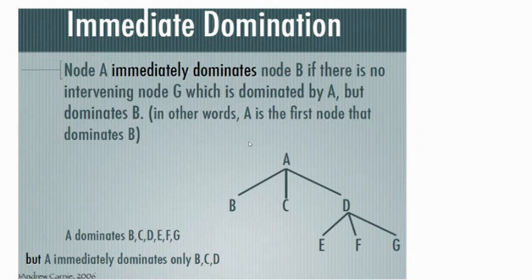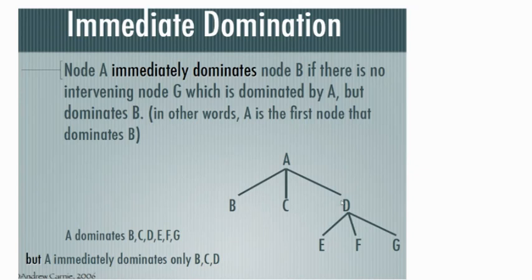A immediately dominates what? C, and D and B. As it says here, A immediately dominates B, C, D. A dominates all of them, but immediately just B, C, and D. That's the thing. Do you understand? It's clear, right?